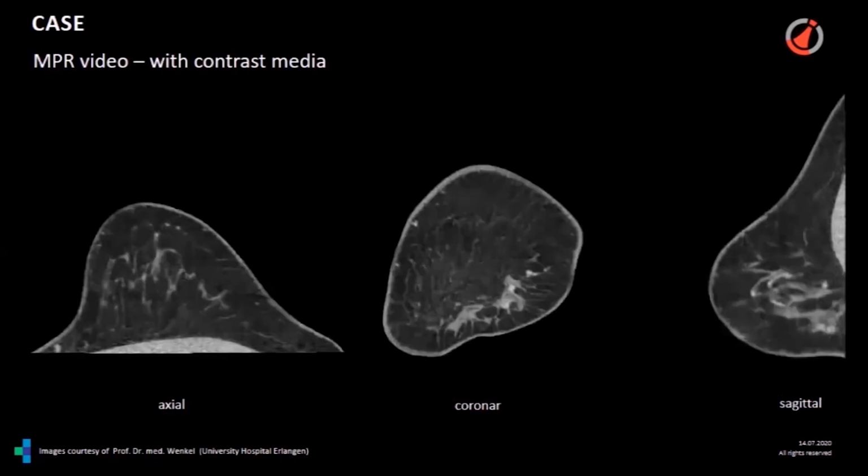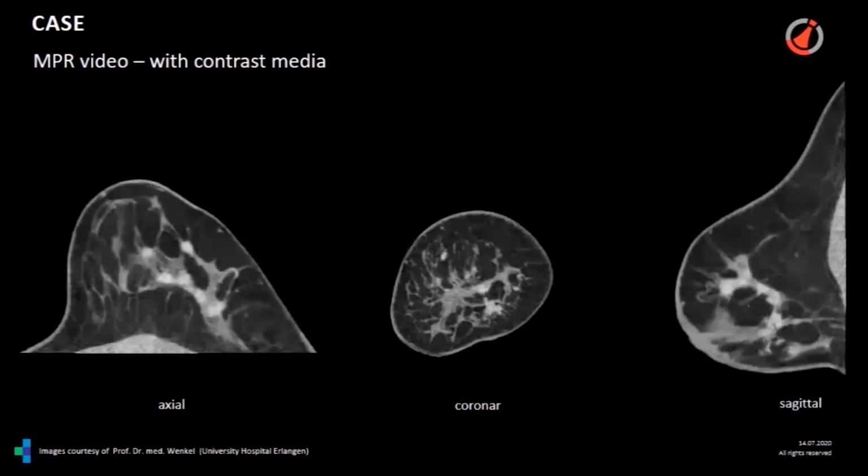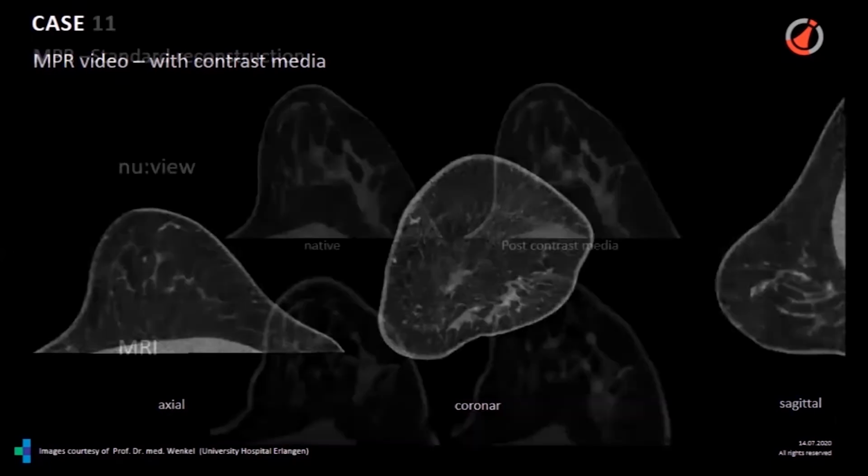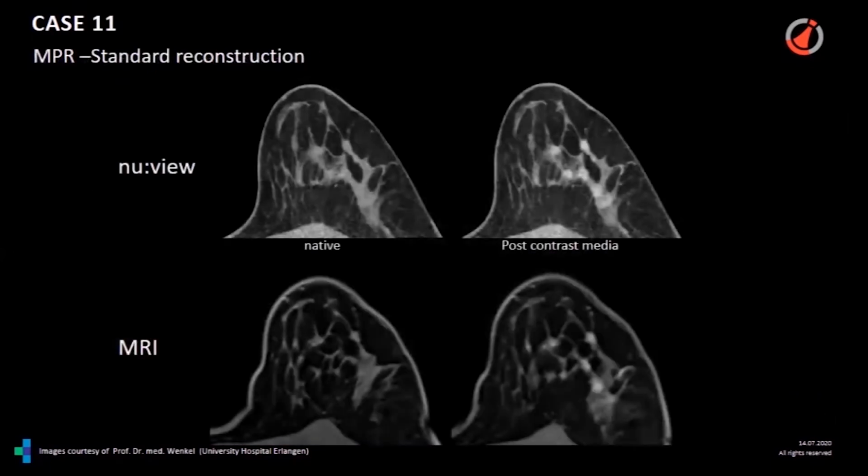This imaging is done after contrast administration. And when you correlate those images with MRI, which are done in addition, you see the strength in native, but also in the post-contrast images.